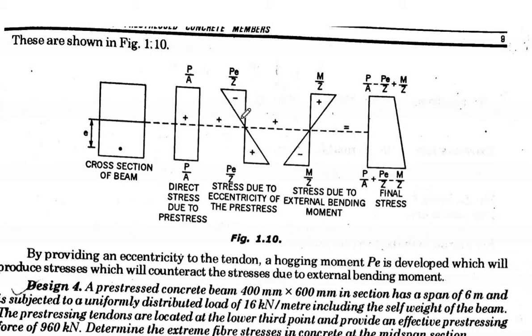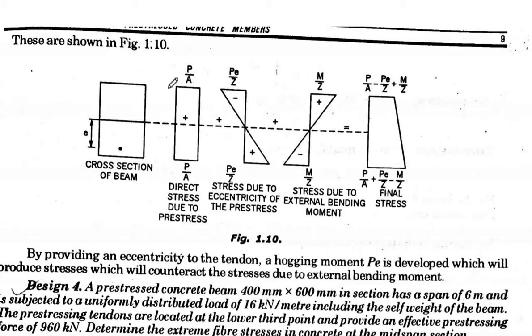Earlier, the stress due to bending moment was plus minus, that means compression at the top, and on the right hand side we used to draw the compression, and the tension on the left hand side. But here, in the stress due to eccentricity, we have the tension at the top, so it is on the left side, and on the right hand side we have the compression representing in the stress diagram.